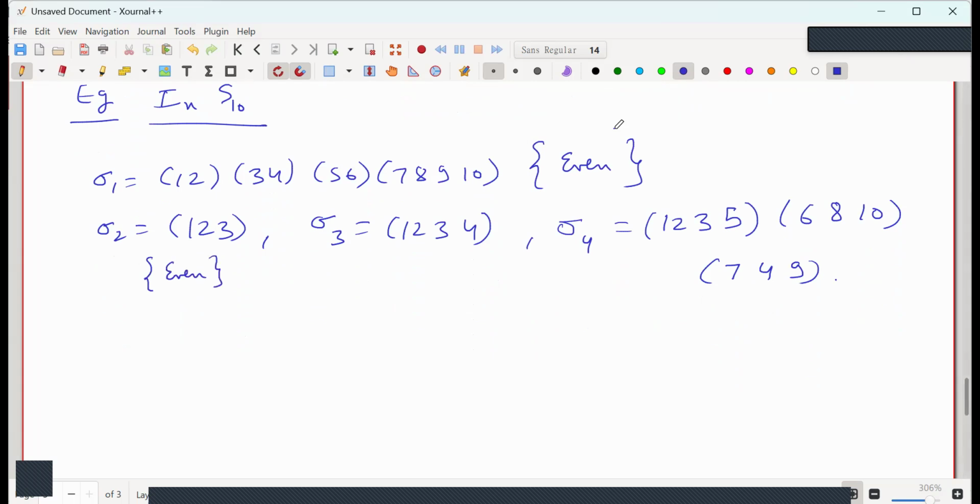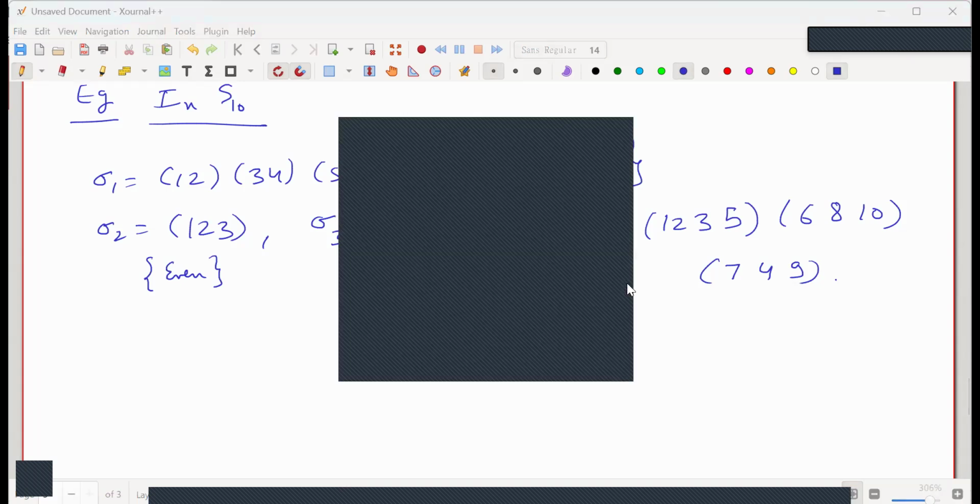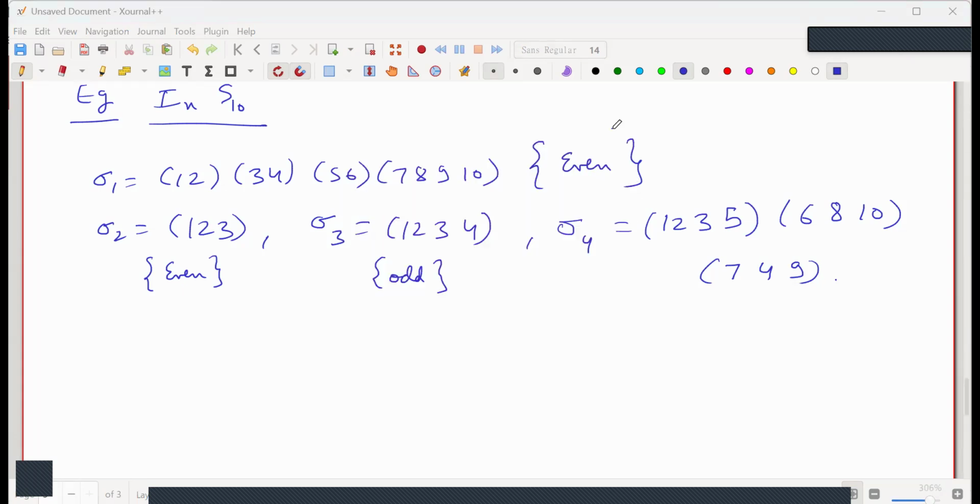Third one, odd. Anyone else except Pranjana? Sigma 4 is odd. Good, because there is one even length cycle. Okay.